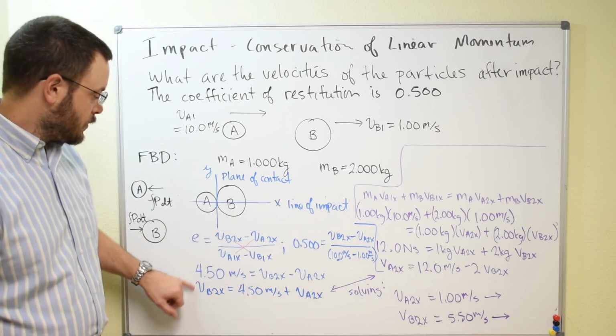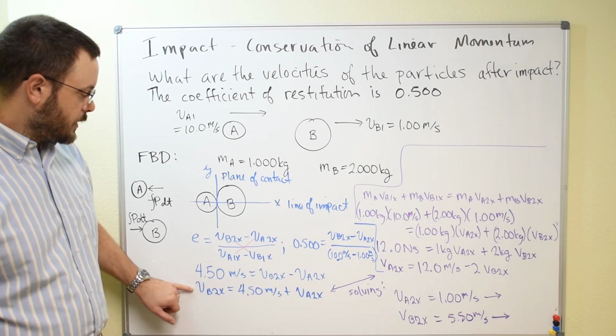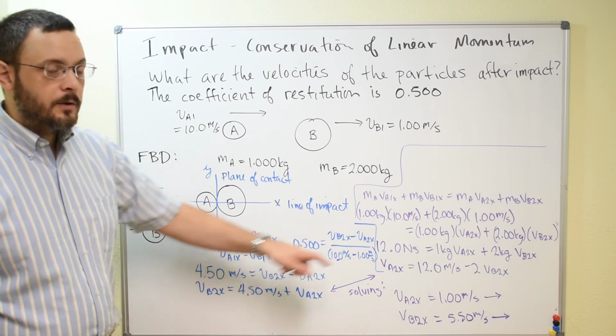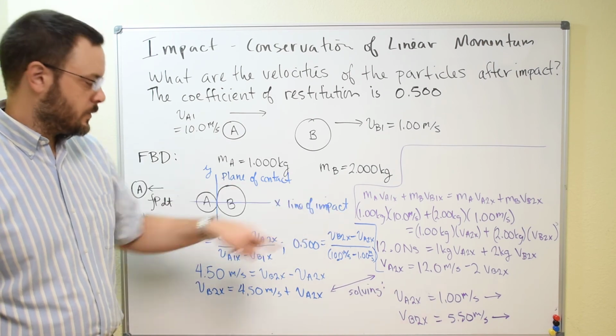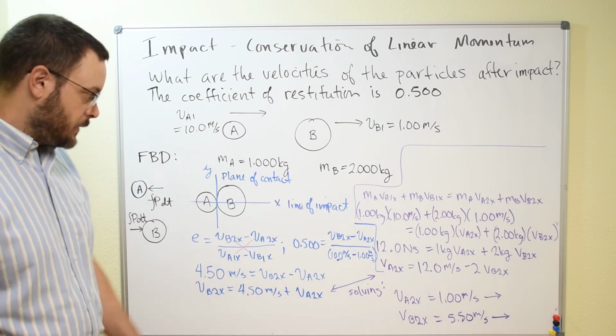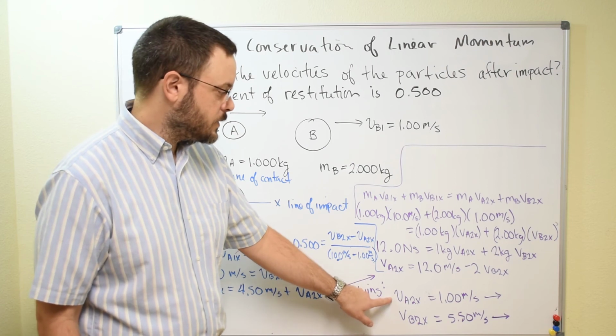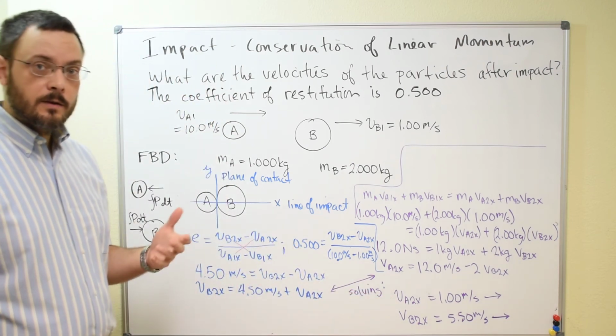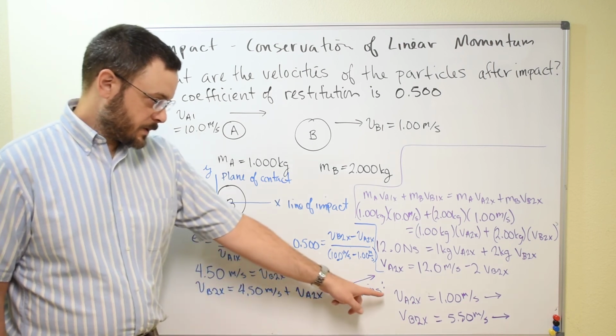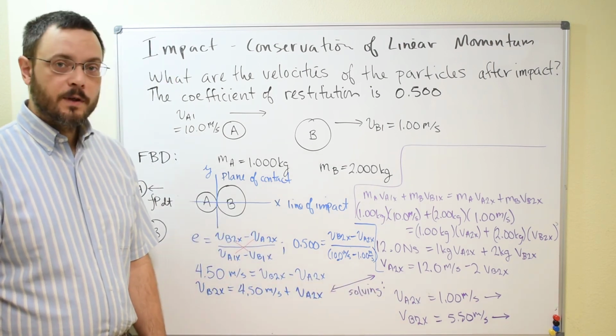We rearrange this equation, get this equation, rearrange it a little bit, and get here, and then just substitute either this equation into that equation or that equation into this one, and then you can get your VA2x and your VB2x. The sign again is important. When we solve, we get a positive sign for VA2x.